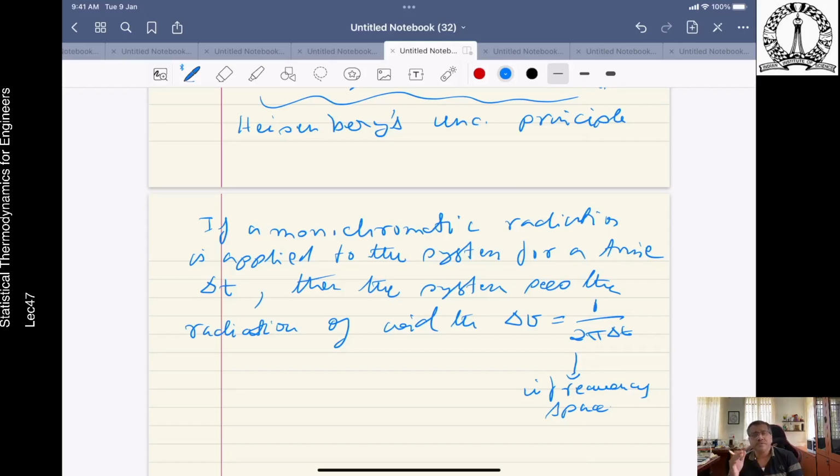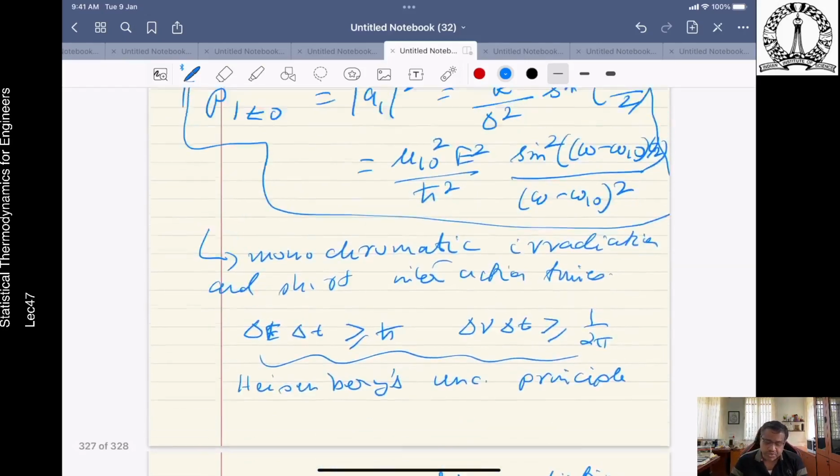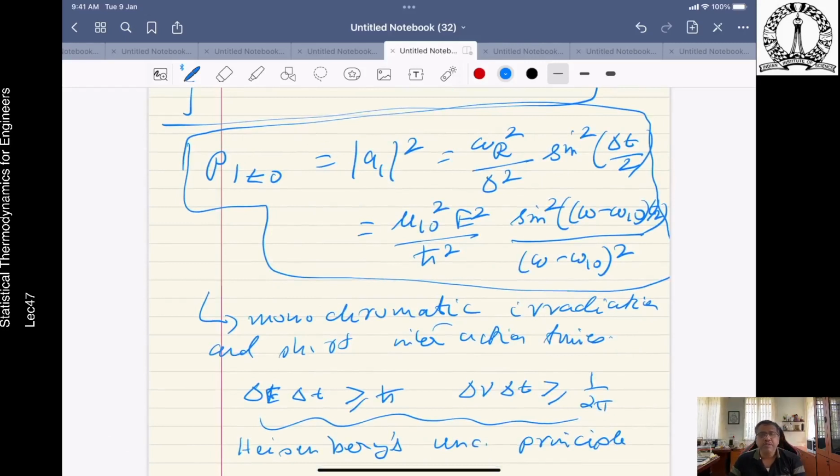So before we actually use this probabilistic equation, let's call it equation 1 so that it is easier for us.